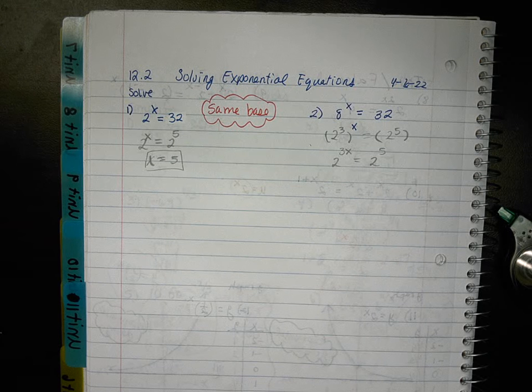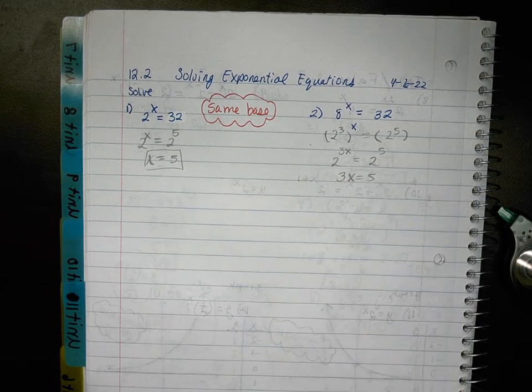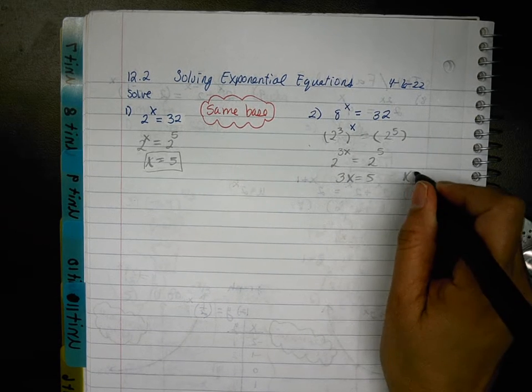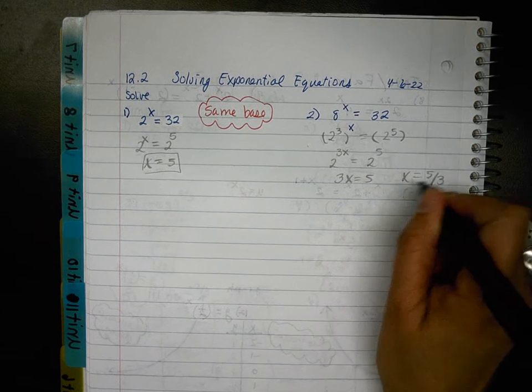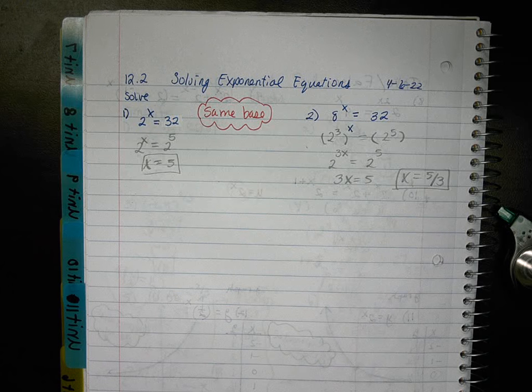What do we do once we get them down to one single base on each side that is the same? We drop the bases, and I have 3x equals 5. Divide both sides, what does x equal? 5 over 3. x equals 5/3 is our answer.